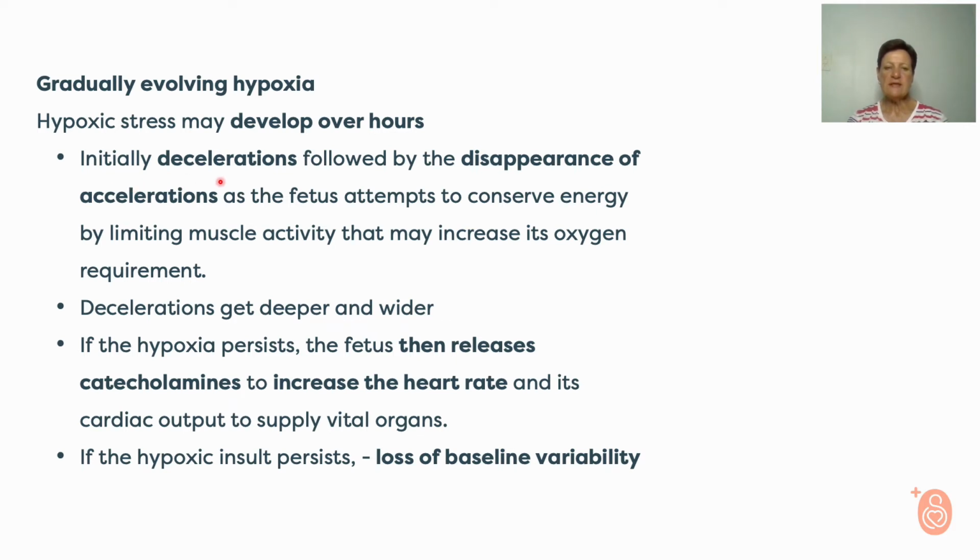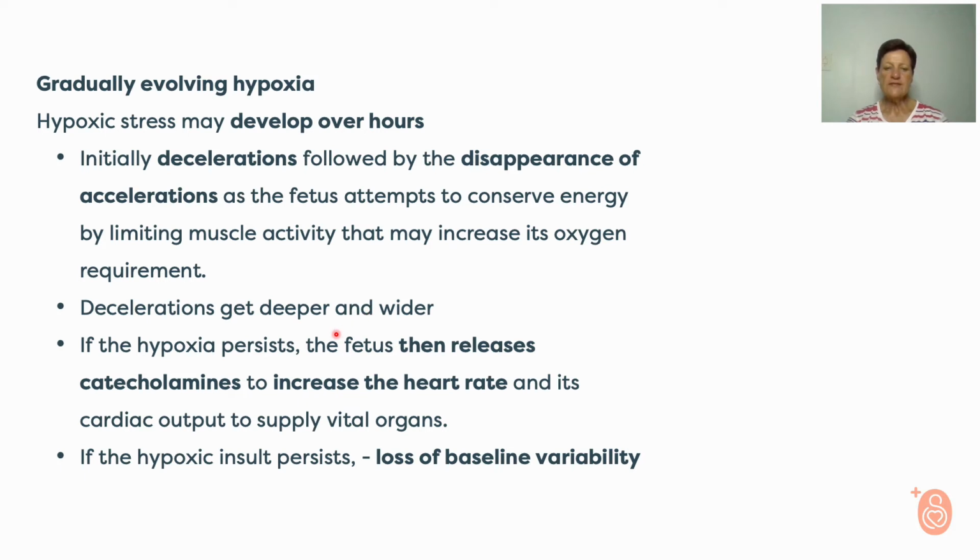Initially we might get some decelerations, followed by the disappearance of accelerations, because the fetus now tries to save energy by limiting muscle activity. The fetus is not moving anymore, and tries to save as much oxygen as possible. We know that when the fetus moves, we often get accelerations, and in this case it doesn't happen. Or the decelerations just get deeper and wider, which are all signs of hypoxia.